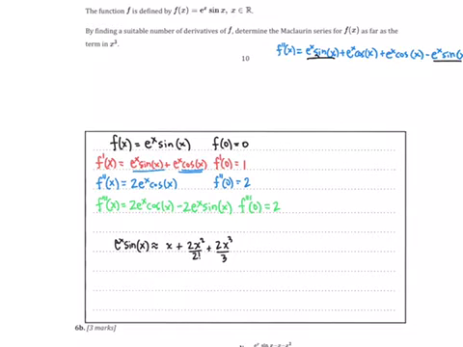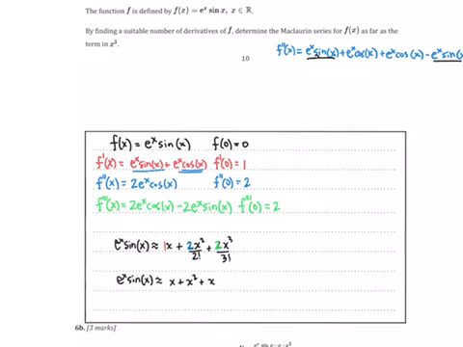Let's just real quick highlight. That's where my 1 comes into play. That's where my 2 comes into play. That's where my other 2 comes into play. And if you decided to simplify, you get x plus x squared. Oops, I forgot a factorial down there.